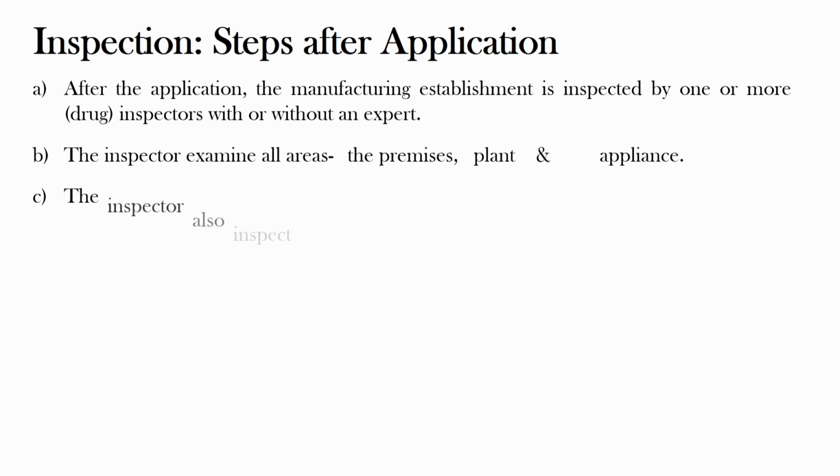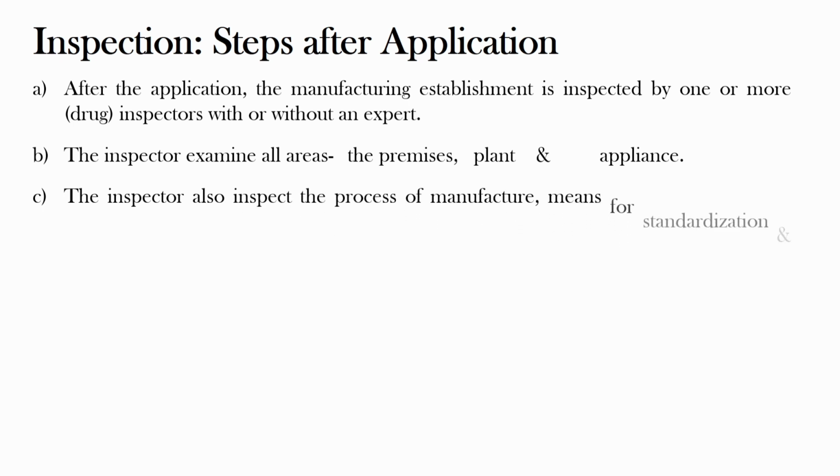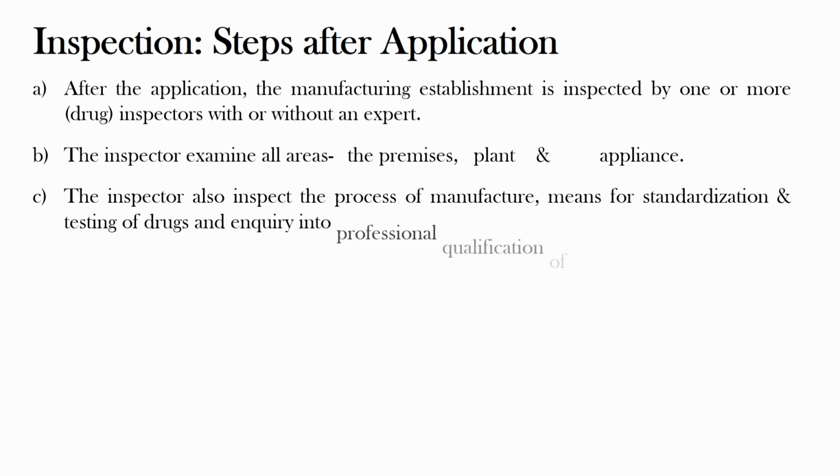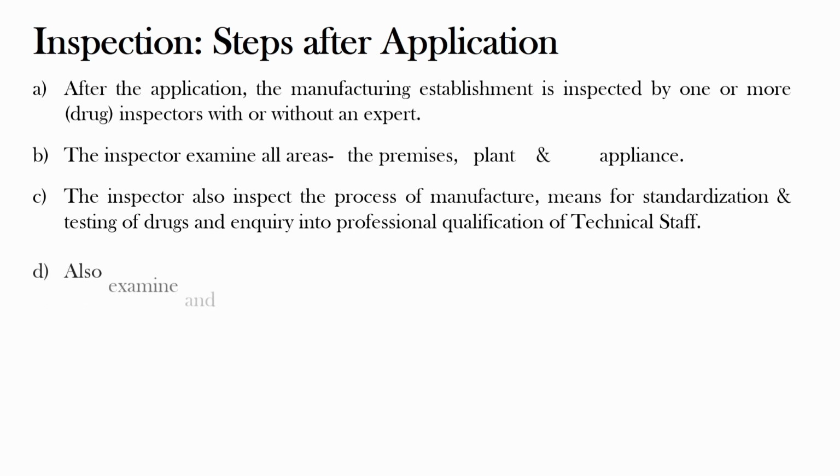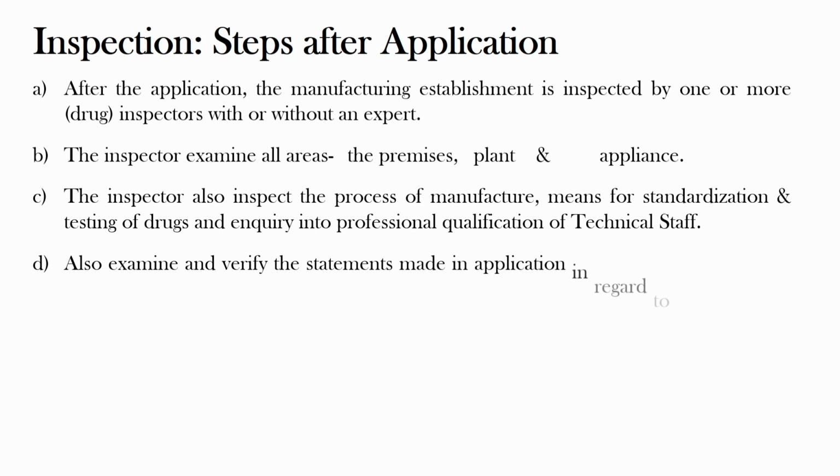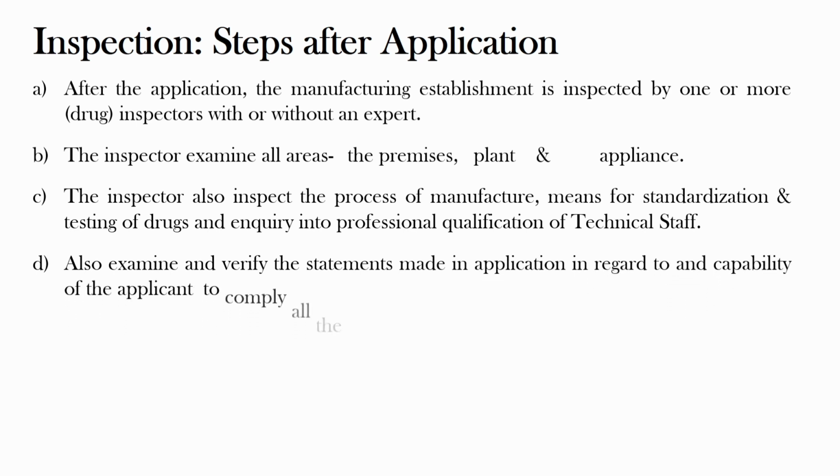The inspector also inspects the process of manufacture, means for standardization and testing of drug, and inquires into the professional qualification of technical staff. The drug inspector also examines and verifies the statements made in the application in regard to the capability of the applicant to comply with all the requirements including Schedule T.